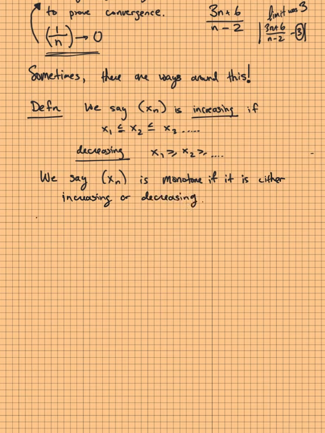So let me give you some examples. Essentially the picture is that you can have a sequence which looks like this. And I know I'm drawing a graph, but really this is motivated by looking at increasing or decreasing functions.